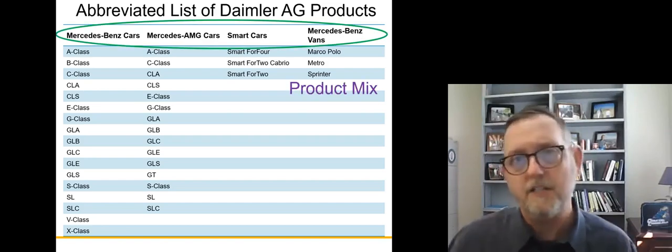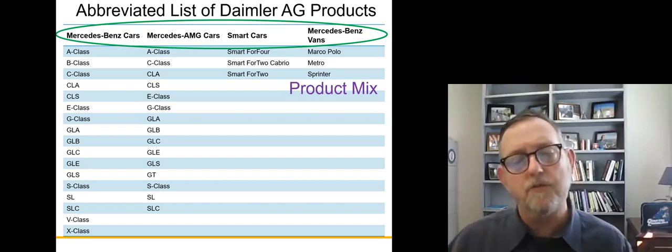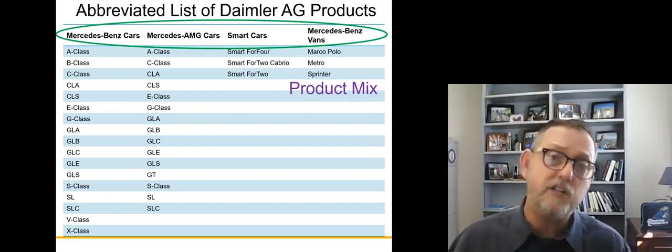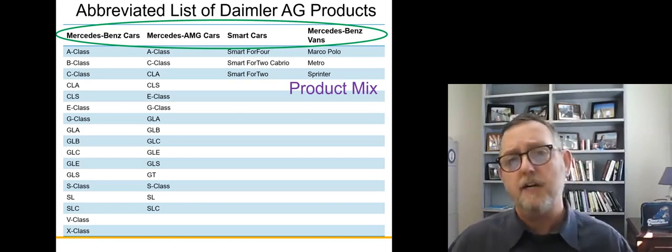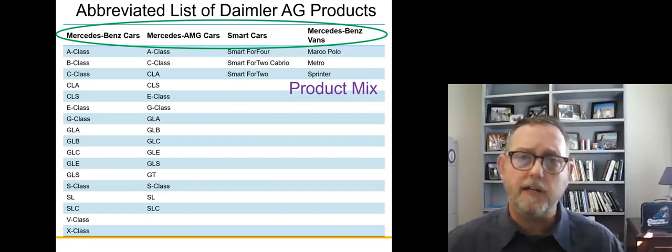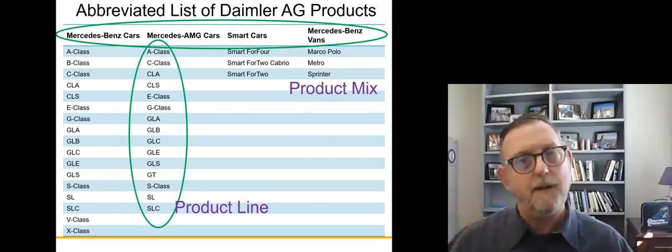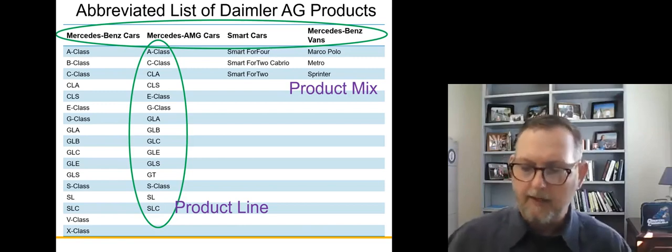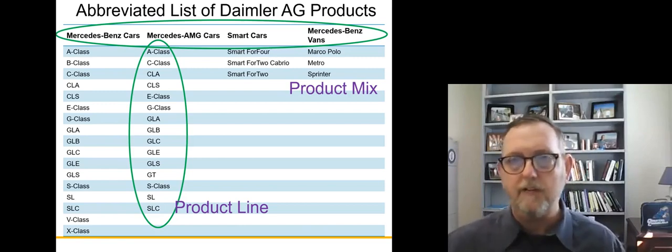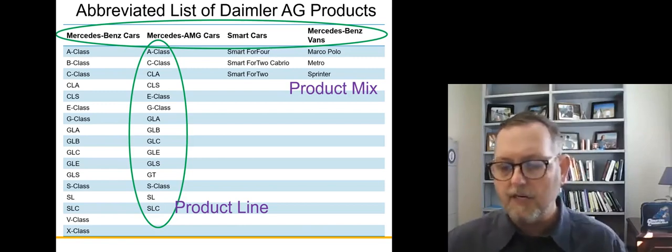It's a tool that we use. Okay, so as I mentioned, sometimes this is referred to as a product array chart because it's a broader term. And oftentimes the categories that we have at the very top is the product mix, while the depth of the category would be the product line. And those are the terms that we'll think of.